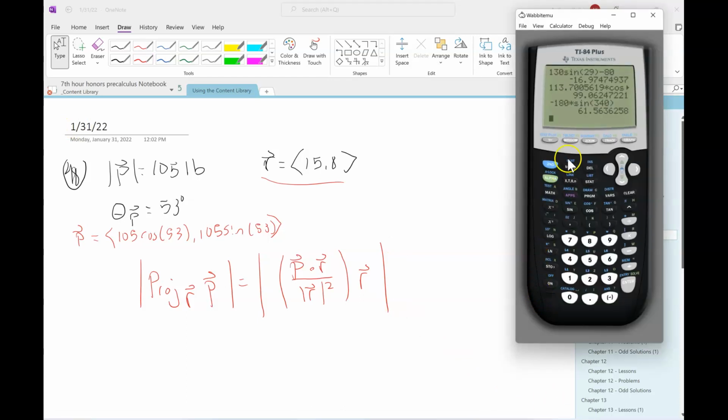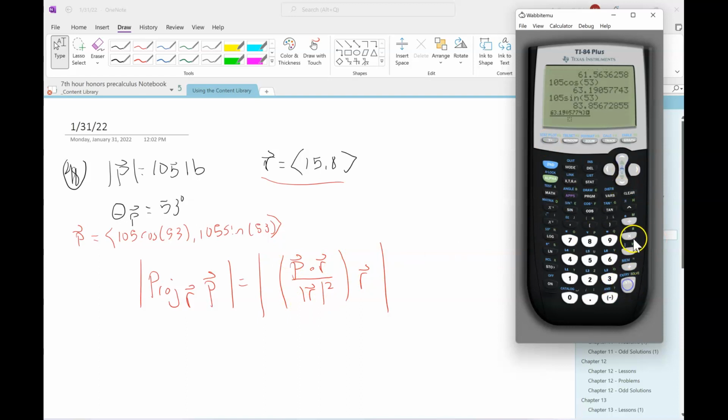We've done the setup. So 105 cosine 53, 105 sine 53. So let's go ahead and do that fraction so we can do the scalar multiplication.